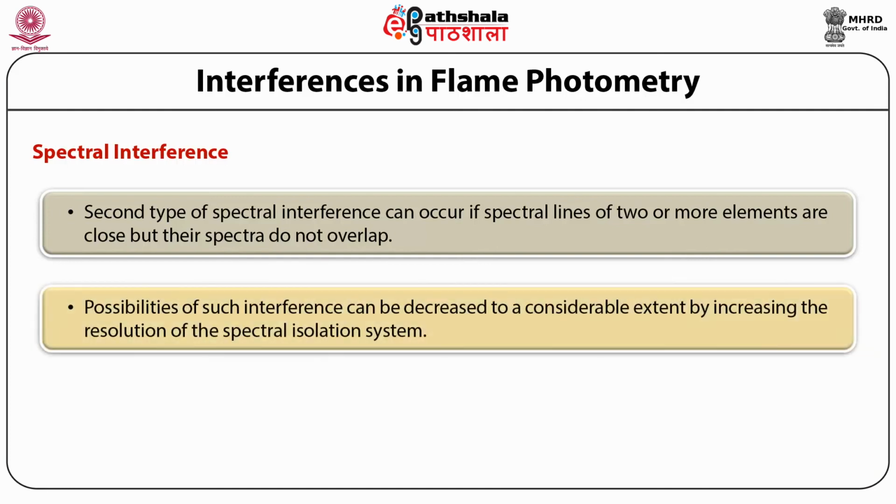The possibility of such interferences can be decreased to a considerable extent by increasing the resolution of the spectral isolation system. However, the interference cannot be eliminated entirely due to the finite width of the spectral isolation device and the finite slit width in such systems.